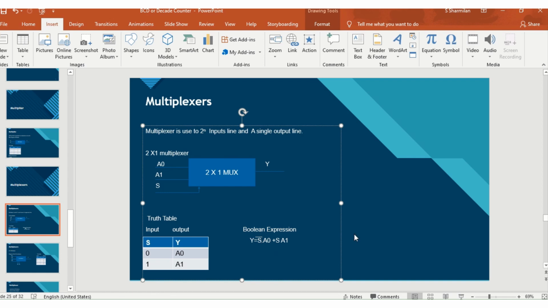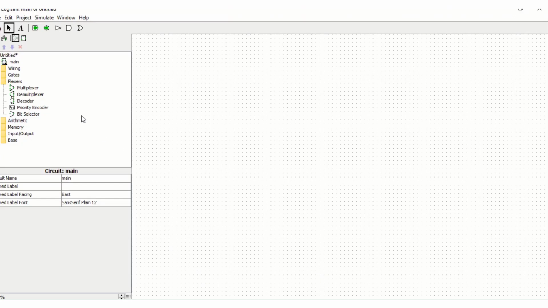Now I am going to show how to implement the multiplexer in the Logicly simulator. Here the multiplexer is already defined, so I directly use the multiplexer. Here I take 2.